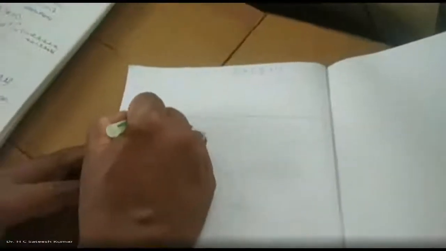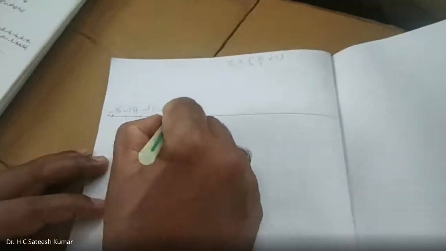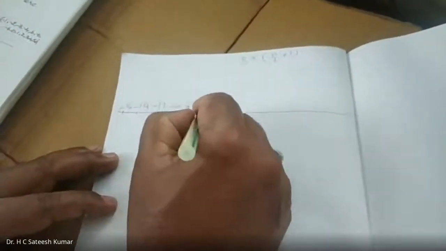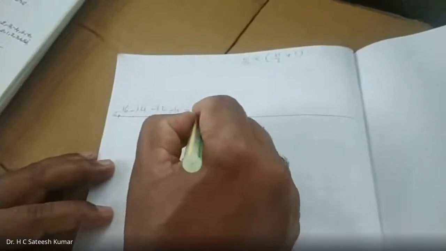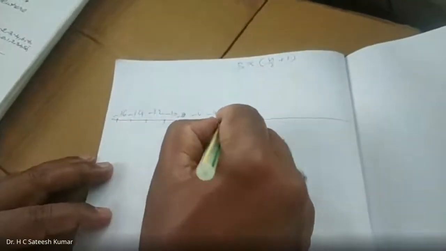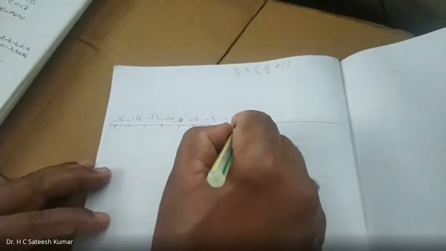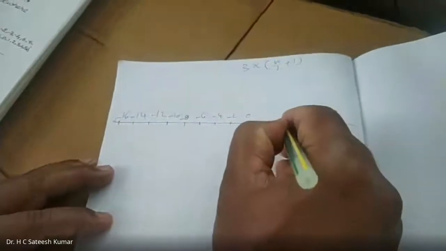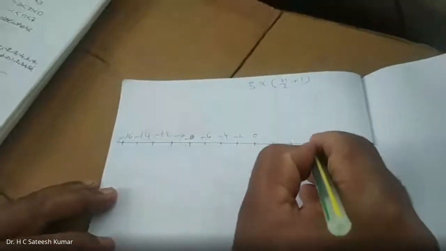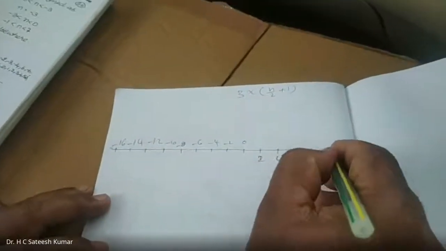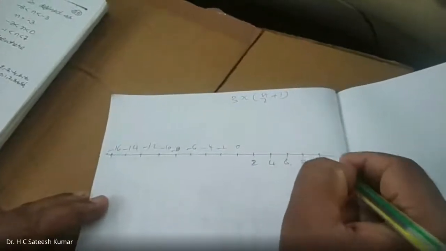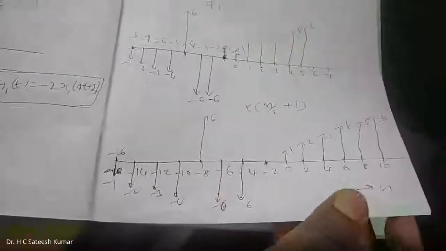I'll write down -16, -14, -12, -10, -8, -6, -4, -2, 0, 2, 4, 6, 8, 10. So up to 10, same values will be there, but only the amplitude is changing. Positions will remain the same, time positions will remain the same.